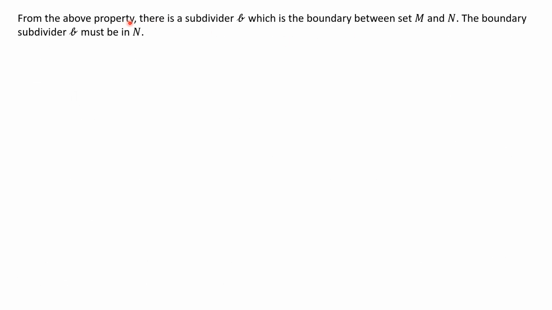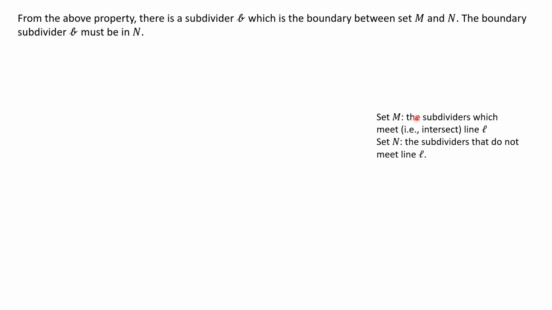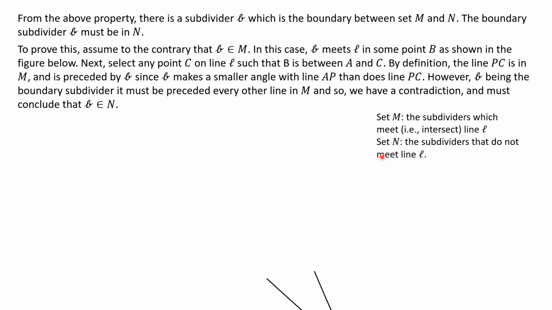From the property that we stated on the previous slide, there exists the subdivider line B, which is the boundary between sets M and N. If you recall a couple slides back, M are the subdividers which meet line L, in other words, intersect line L, and N is the set of subdividers that do not meet line L. And our claim is the boundary subdivider B has got to be in this set N. It needs to be parallel to L. We'll prove that here.